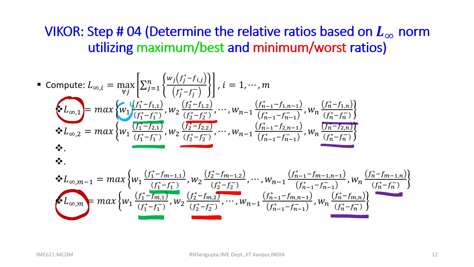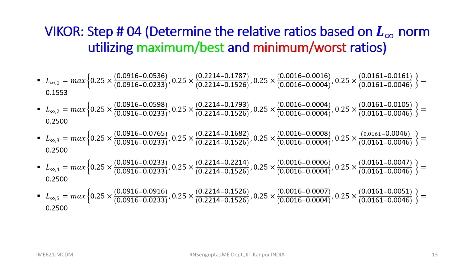These are the weights for the first criterion. This is for the second criterion, similarly for the nth criterion, and the weights are as usual given and considered as 0.25 for each of the criteria. So, this is what I do. The weights I will first highlight using red color, then I will erase them, so there is no confusion.